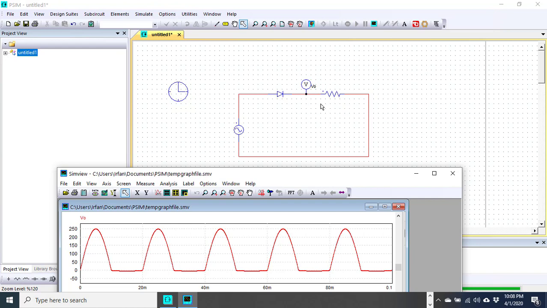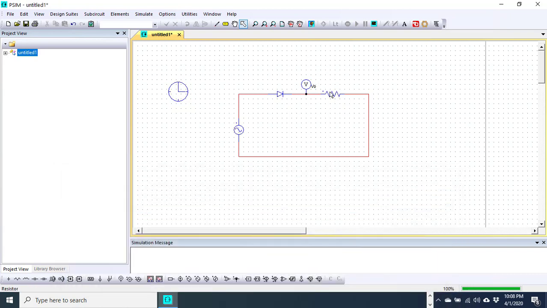So if we really need to control the power, we need a silicon control rectifier, which can be used as a rectifier, but a control rectifier.